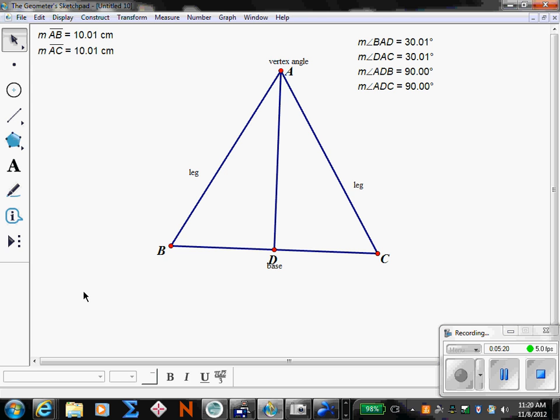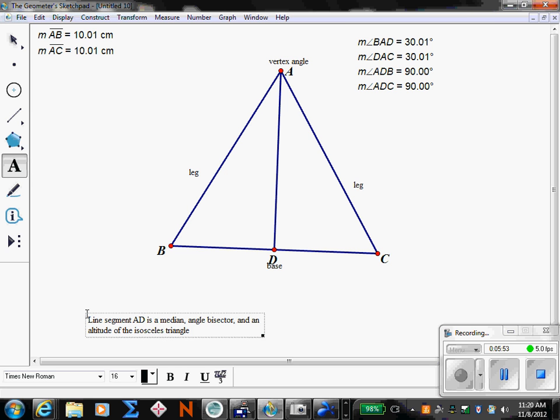Okay, so line segment AD is a median, angle bisector, and an altitude of the isosceles triangle ABC.